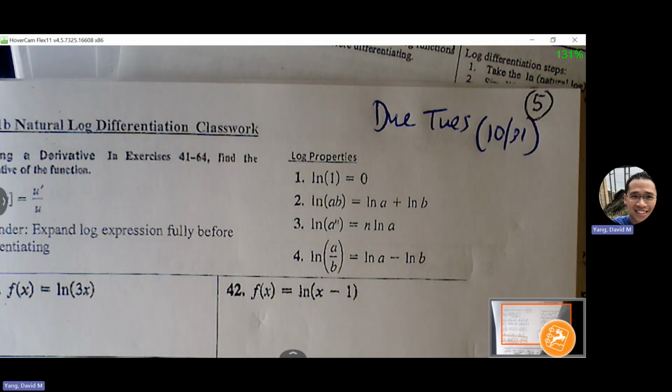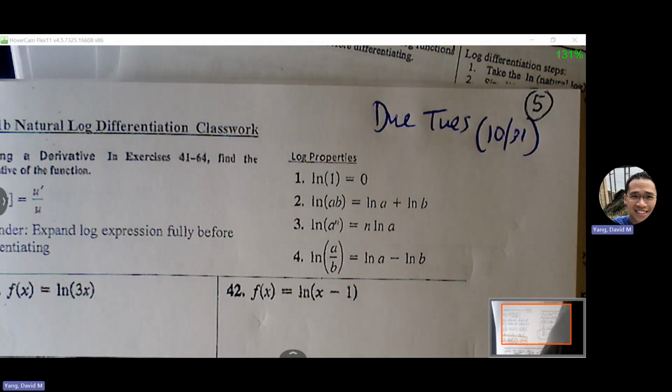Is it uploading to the website? Yeah. If you have your version.